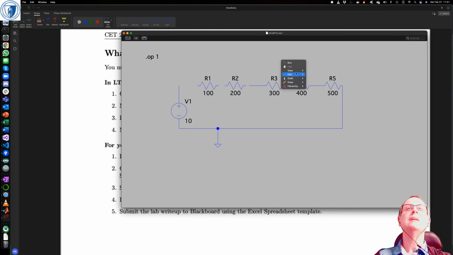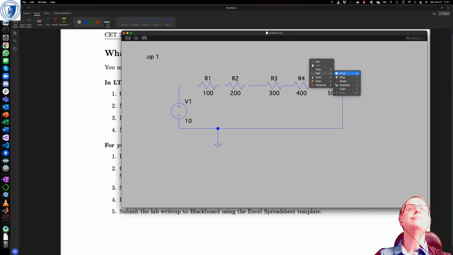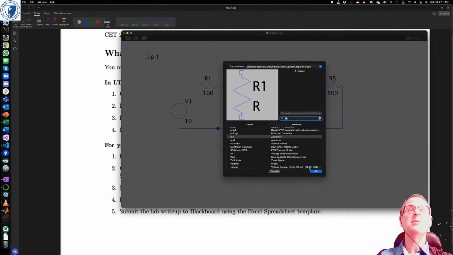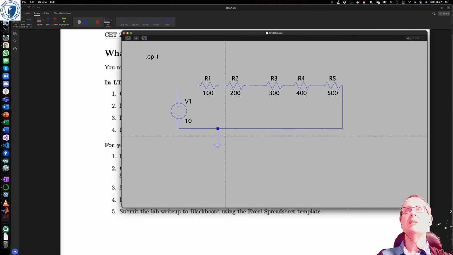No, I don't want to do that. I want to move, select R4, rotate it round, put it back to where it was. It's F7. Okay, and now F3 again to fix up my deletions from before.